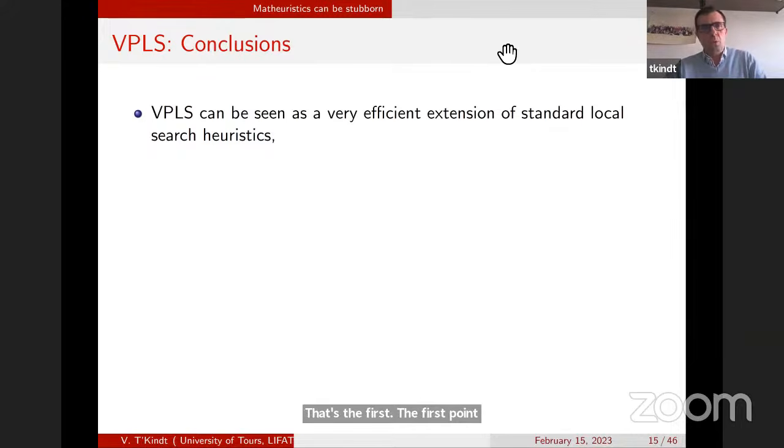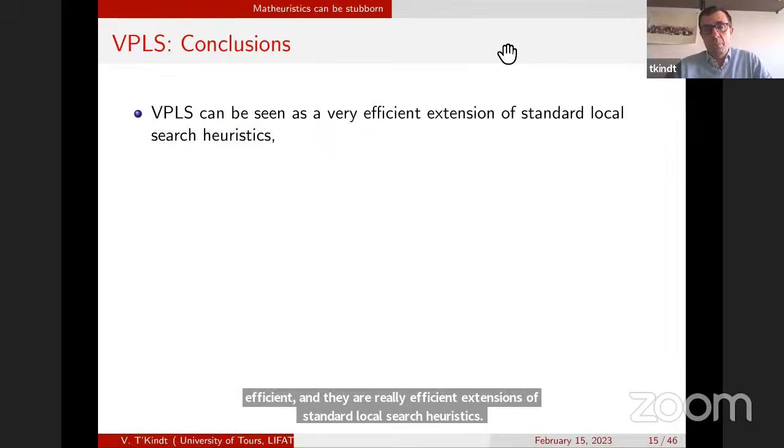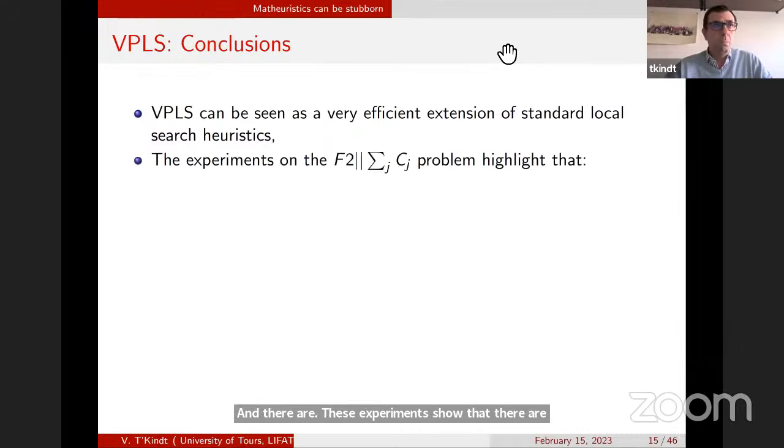So as a first conclusion on this kind of approach, we can see that they can be really efficient, and they are real efficient extensions of standard local search heuristics. And these experiments show that there are some points of attention.